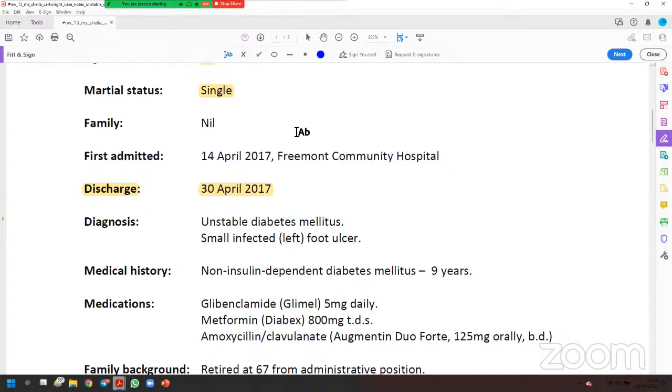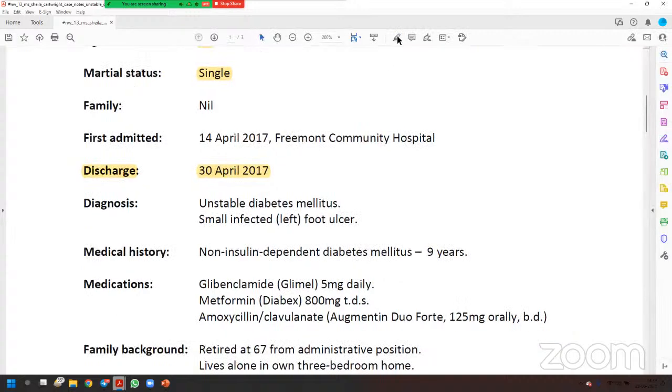It is just admitted, and then discharge, finish.